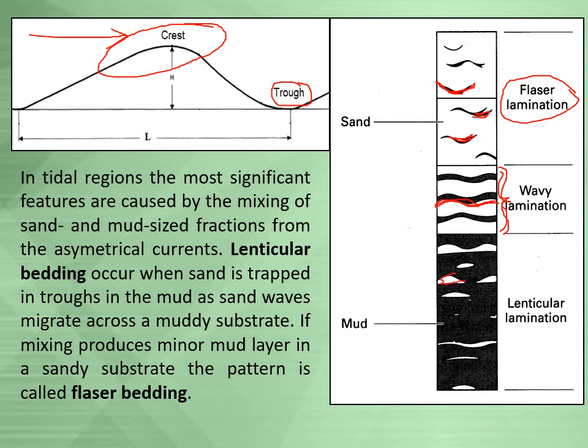Basically, these are the ripple marks, and the mud deposition is so high that the connectivity between two successive ripples is lost. So in the rock record, it seems that the sand bodies are floating within this mud deposition. These lens-shaped sand bodies are known as lenticular bed or lenticular laminations.